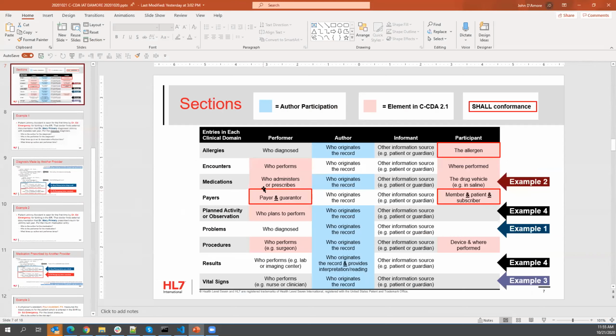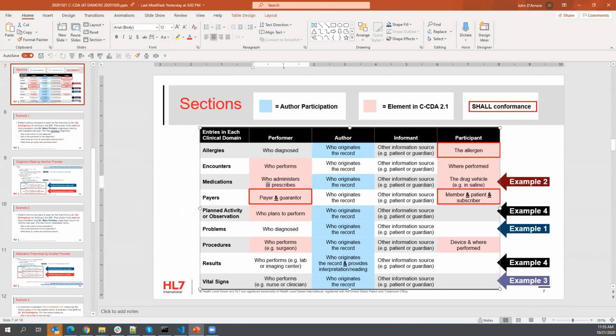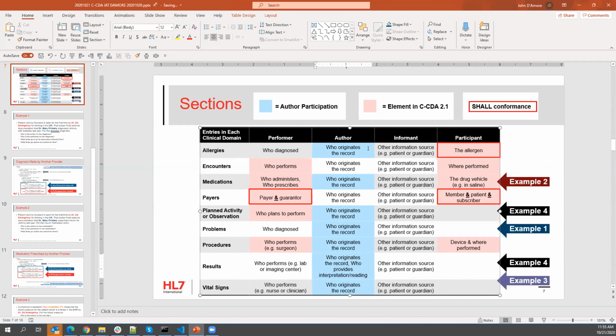For the payer, you put commas between them, payer, comma, guarantor, and for the result, you say who originates the record, comma, who provides the interpretation and reading, just to make it clear that it's like two different roles that the performer could be semantically talking about.